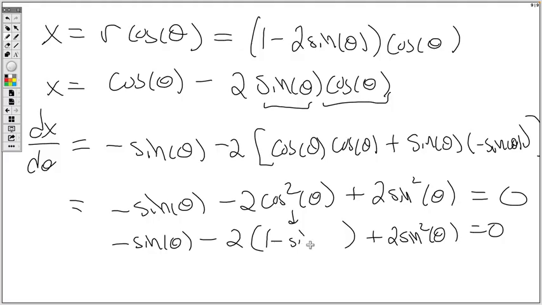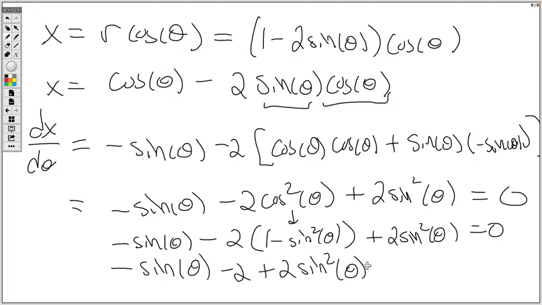It's your 1 minus sine squared. So now I've got minus sine theta minus 2 plus 2 sine squared theta plus 2 sine squared theta is 0.